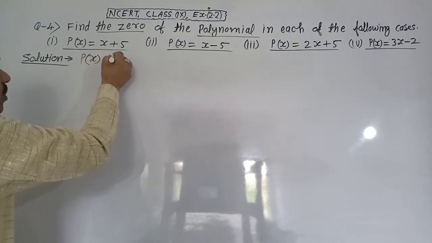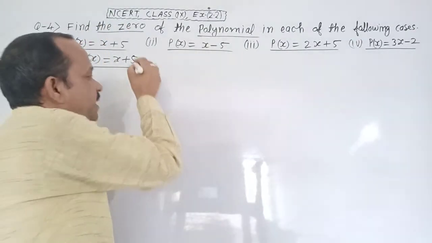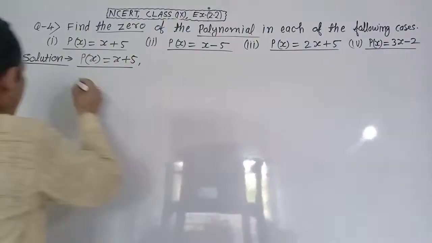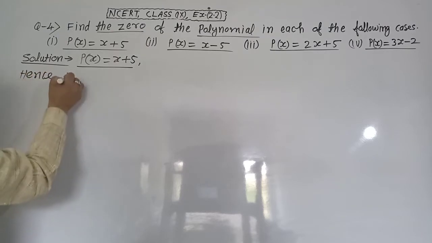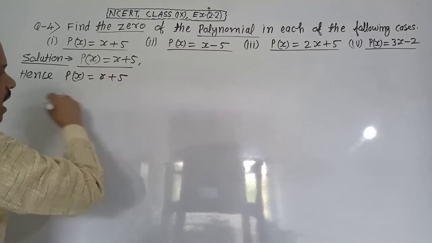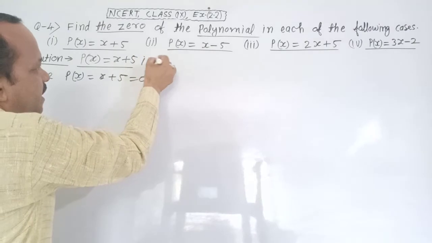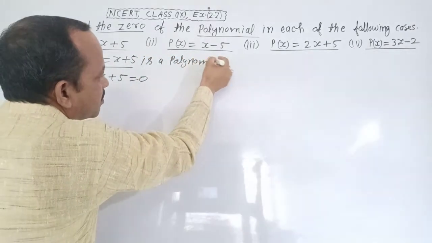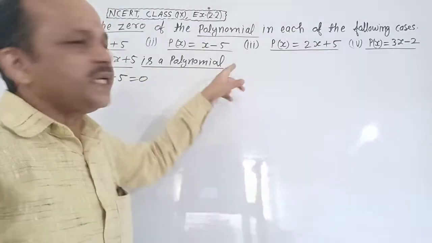p(x) equal to x plus 5. Hence, p(x) equal to x plus 5 equal to 0, as p(x) equal to x plus 5 is a polynomial.